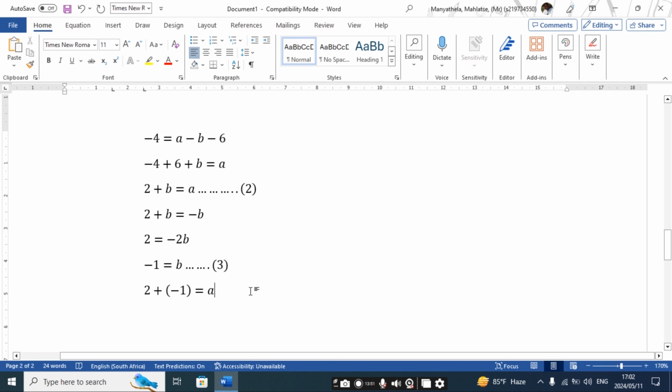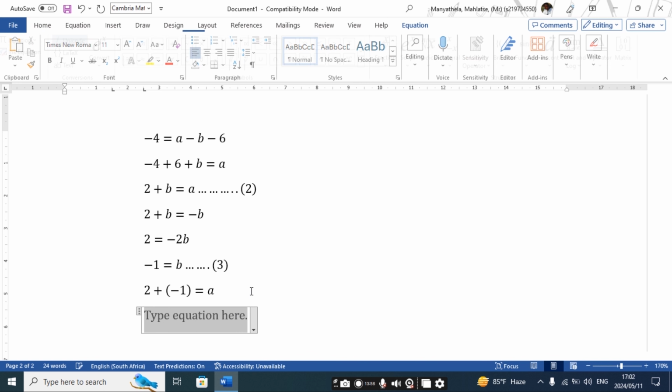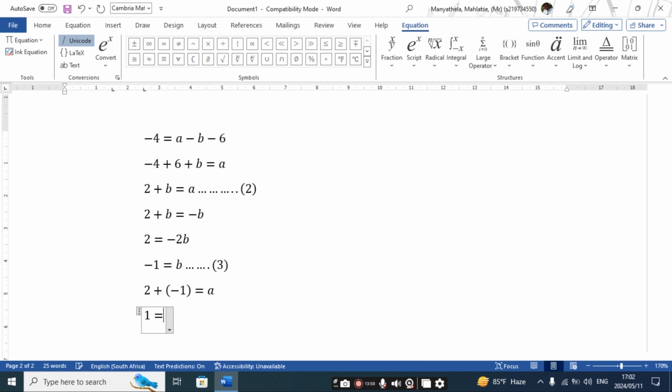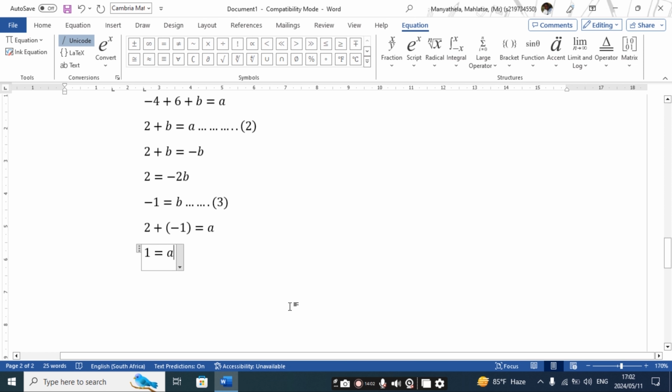And negative times positive will give me negative. So this will be 2 minus 1, and 2 minus 1 is equal to 1. 1 equal to a.